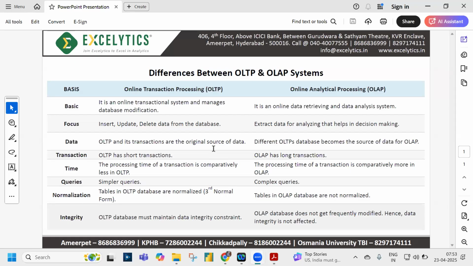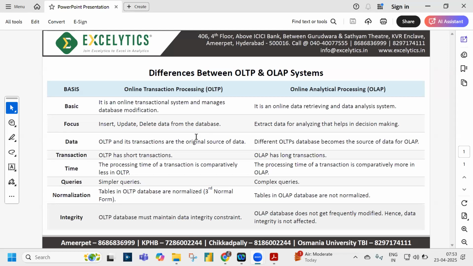For example, in a billing counter there are different transactions, and all the data is stored inside an OLTP system. Later, it will be copied or cloned into OLAP, online analytical processing. It is like your data warehouse.